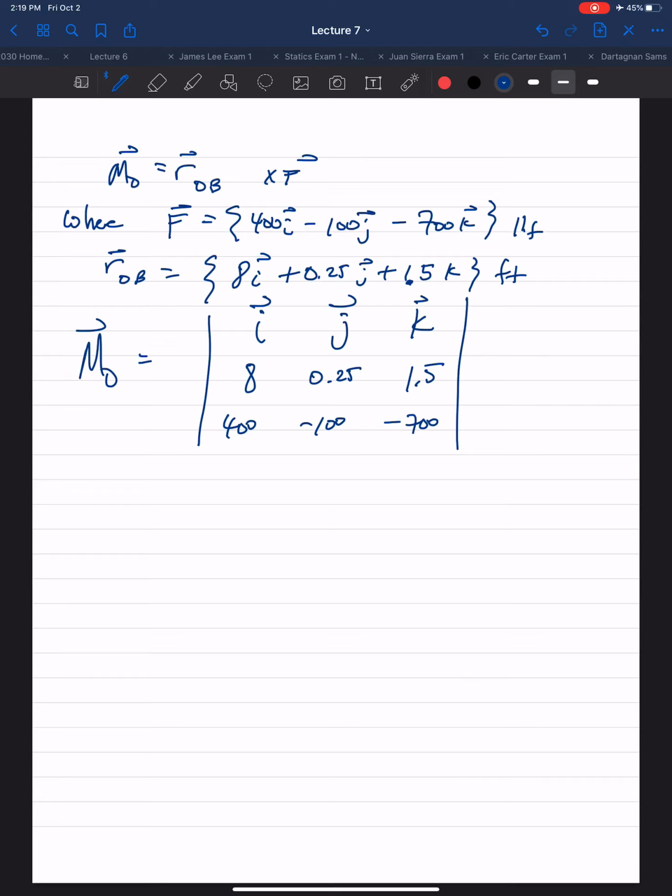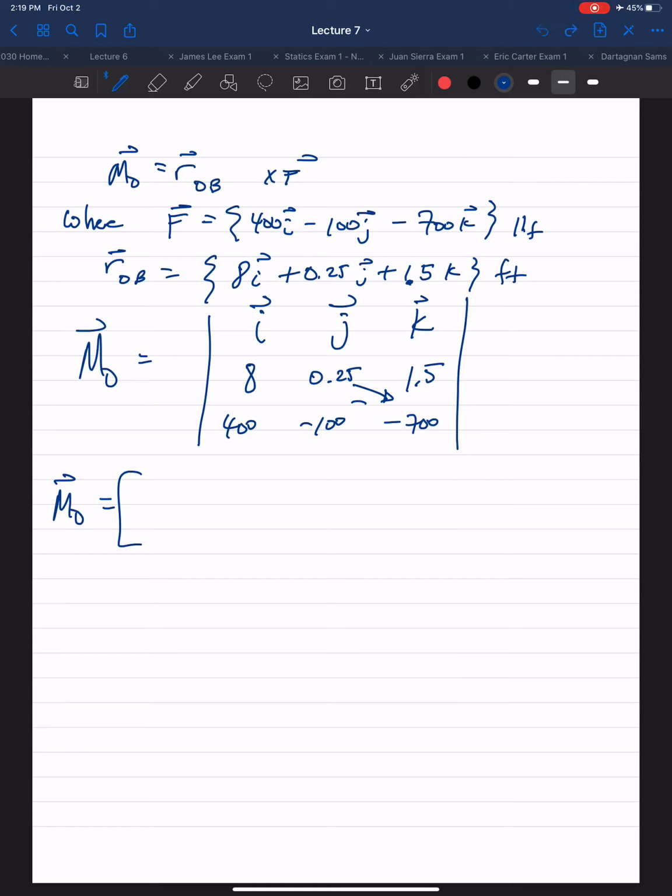So, taking for the first one, the i, remember we ignore the top row and the first column. So for i, we cross multiply and take the difference between like this minus this.